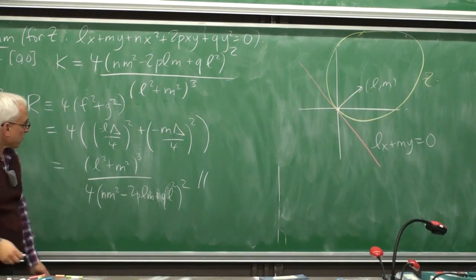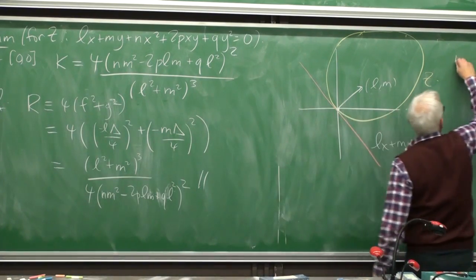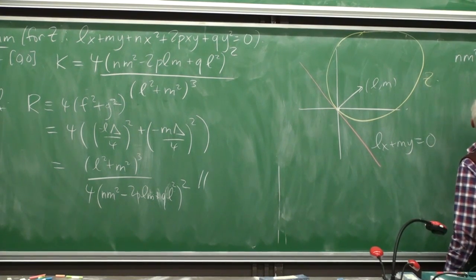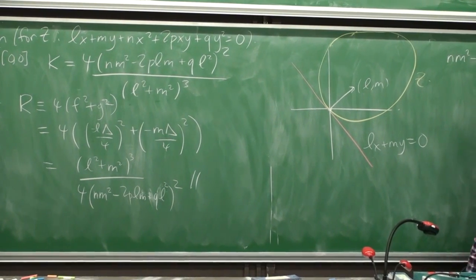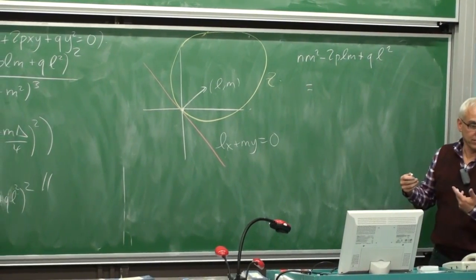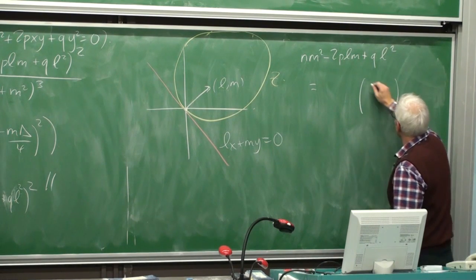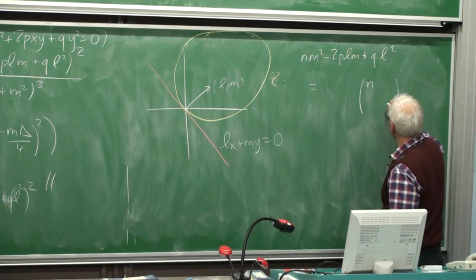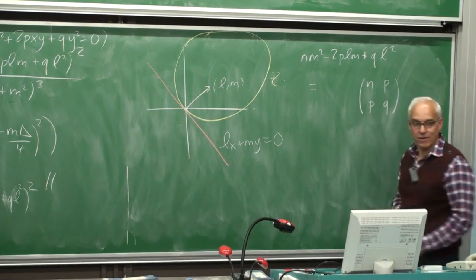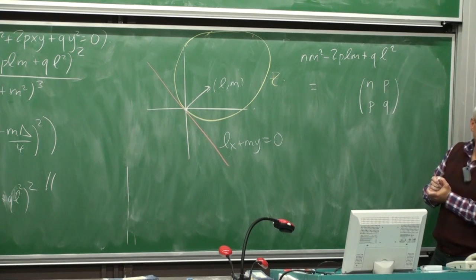Now, what's the meaning of this term here? Well, it's interesting. This NM squared minus 2PLM plus QL squared is a quadratic form evaluated at some vector. It's the quadratic form that we've been talking about, NQPP, determined by the top quadratic parts of the conic.